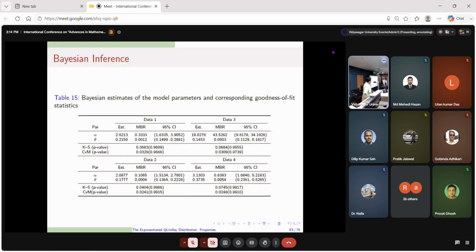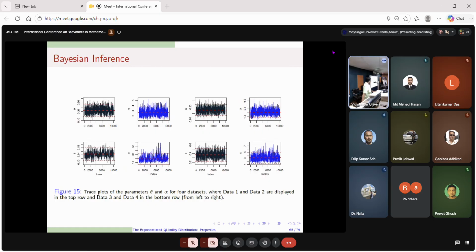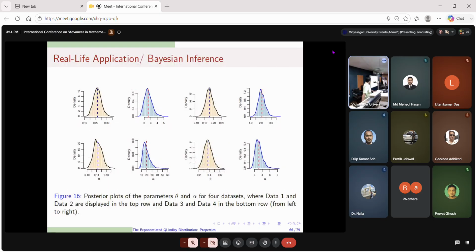These are Bayesian inference results for all the 4 data sets. These are the test plots. Once you find out the Bayesian inference, obviously test plots will come. These are some test plots for Bayesian inference.